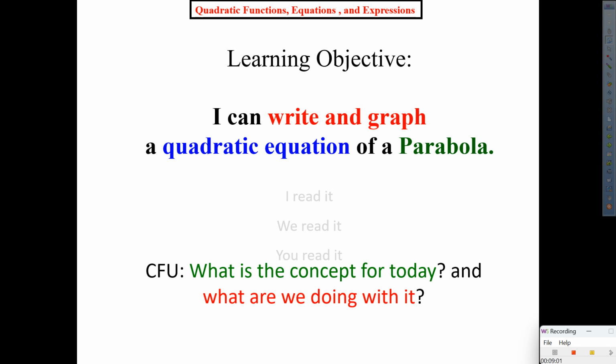Equidistant points. From where? What two things? From what and what? Alessandra. Equidistant points from what? The focus and the directrix. That is correct. That's why we don't need a Frayer model.